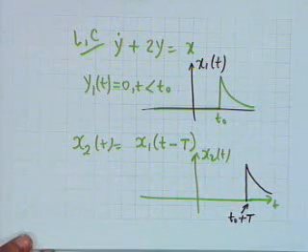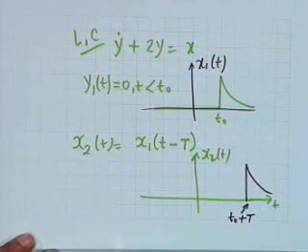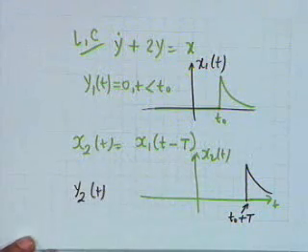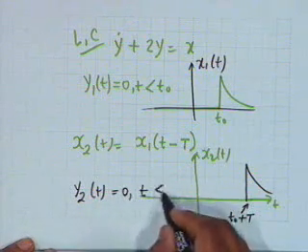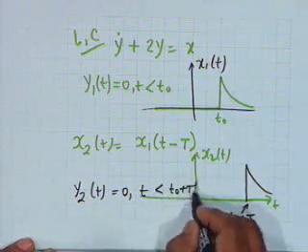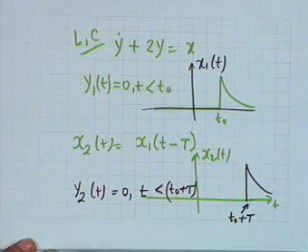That is, the system is at initial rest, the term that I introduced, which means that the output y2 of t is equal to 0 for t less than t0 plus T. Agreed?